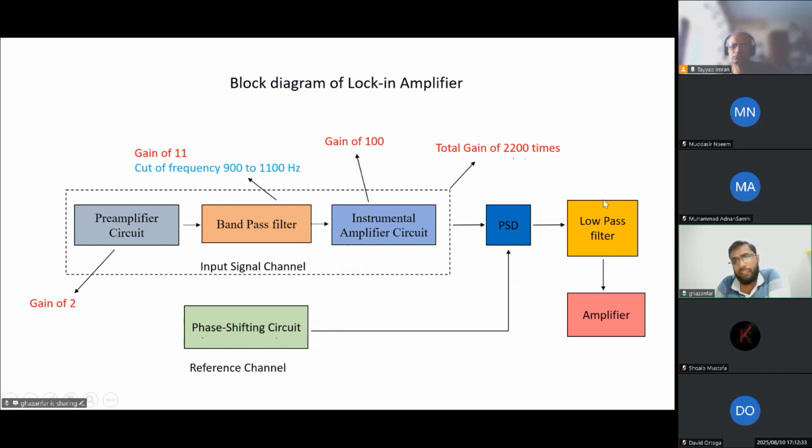Then this signal is passed through the low pass filter, where it attenuates the high frequency component, and then we pass it to the amplifier to amplify the signal which was buried inside it.